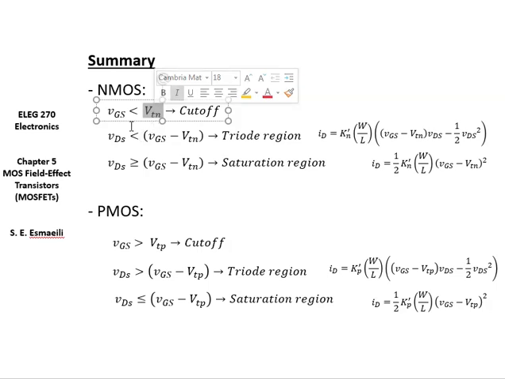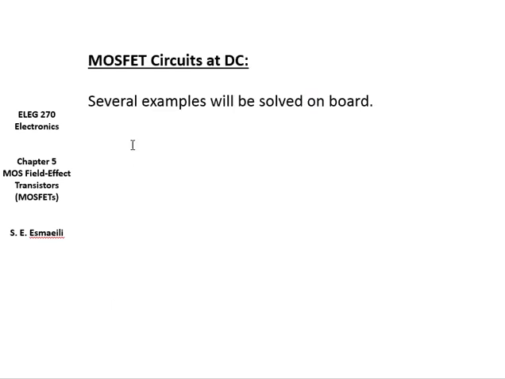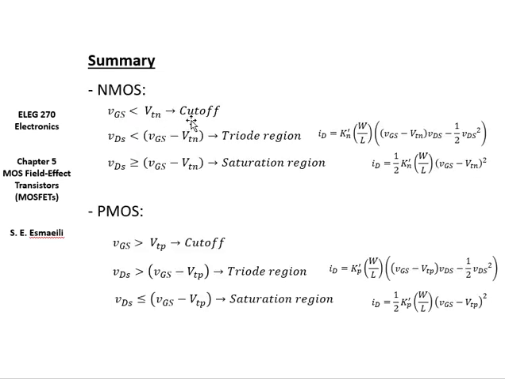So if your VGS is smaller than VTN, you're in cutoff. If your VGS is bigger than VTN, you're not in cutoff, so you're either in triode or saturation. So you should check VDS now, the voltage between the drain and the source. If this VDS is smaller than VGS minus VTN, you're in triode.